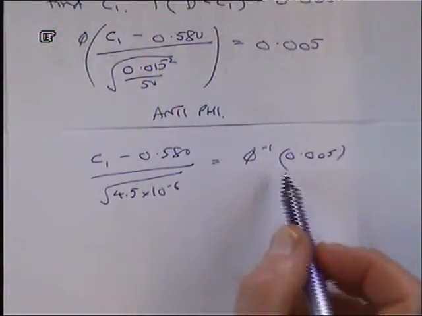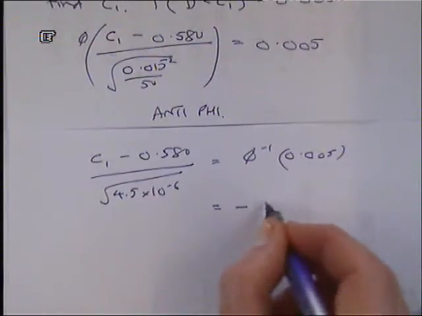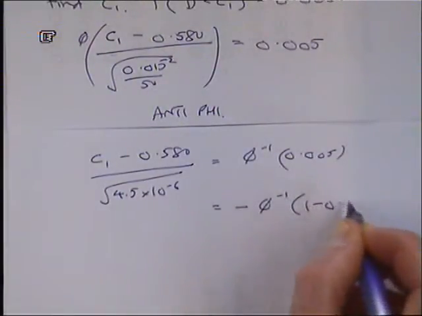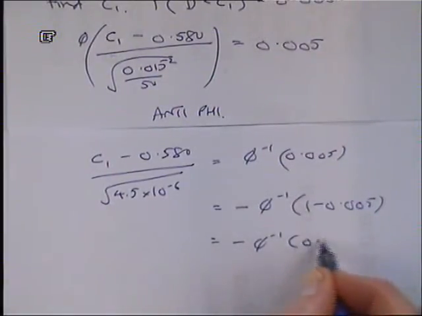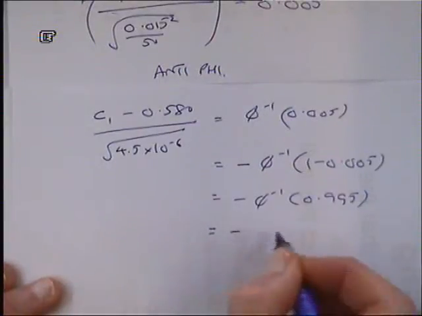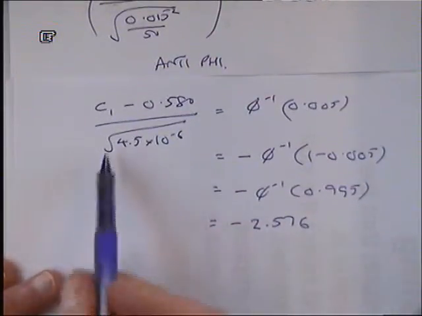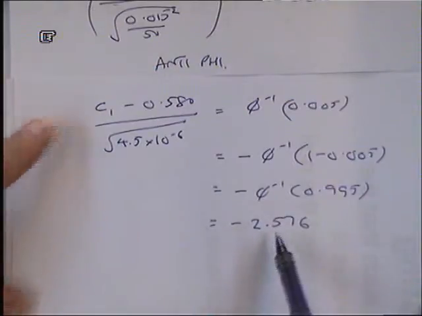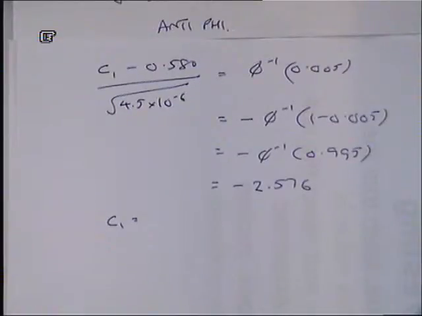So can anybody remember, anti-phi-ing a small number, what do we do? Negative anti-phi of 1 minus the small number, yeah. So that's negative anti-phi of 0.995. 0.995 again is in the bottom of that green table. 2.576 is what somebody said, and that's right. So now it's a case of rearranging that equation, left-hand side and right-hand side, and you should be able to work out what C1 is.